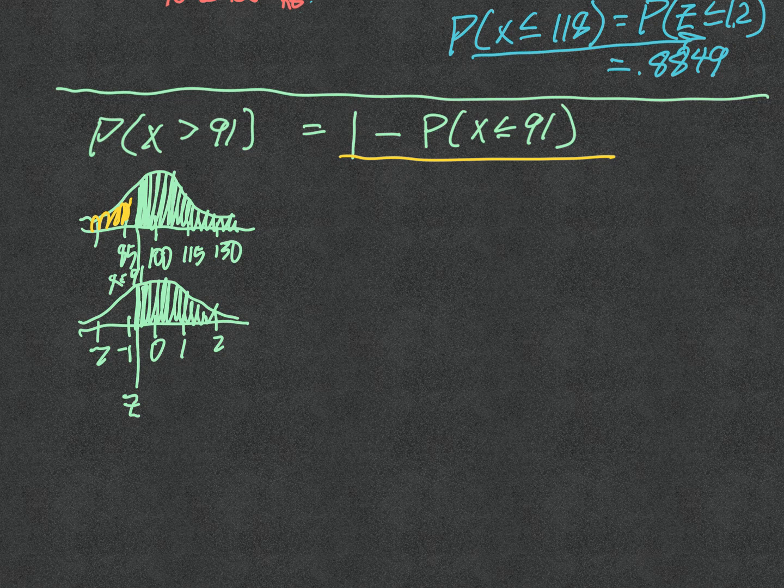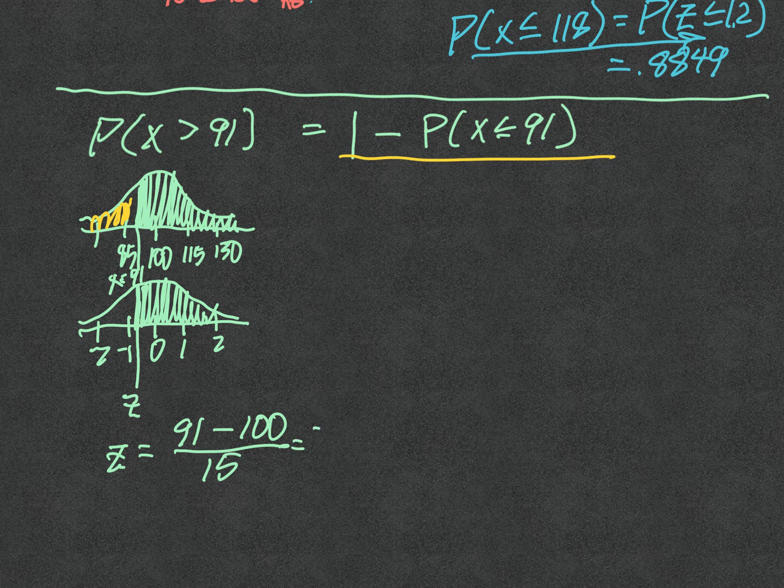So the first thing I need to do is convert the x to the z. So I will do that. I will say that z is equal to my x value 91 minus the mean divided by the standard deviation.